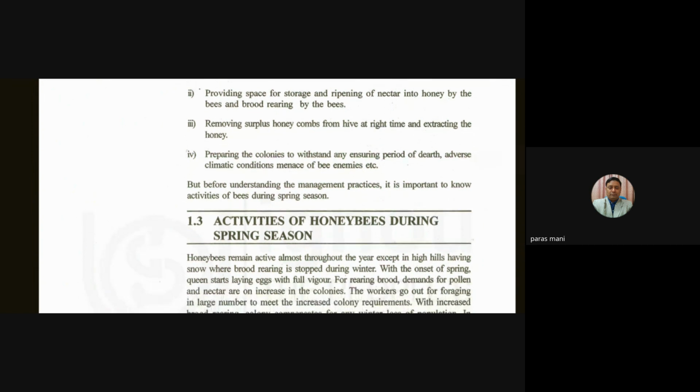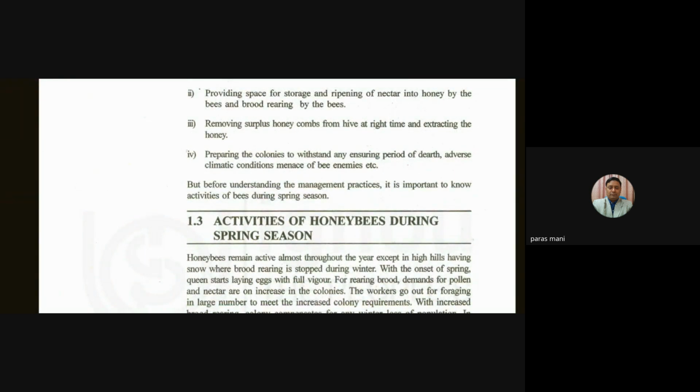By that time you have to monitor for sealing of honeycombs in the super chamber, and you have to remove it at the right time. If you can't remove it, you can plan for harvesting later at once. You can provide one more super chamber so that the honey will be collected in the frames of that new chamber.